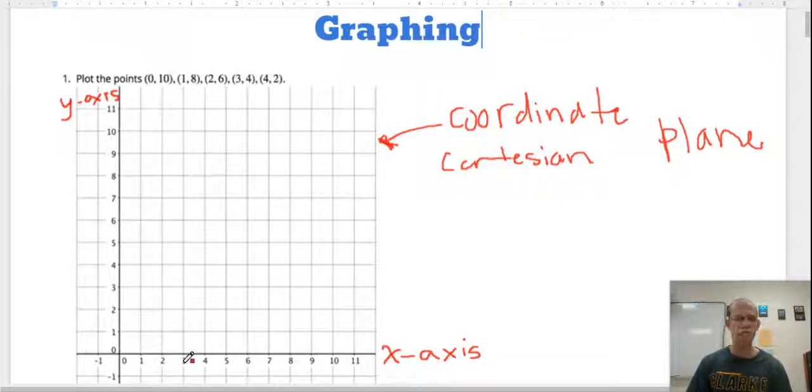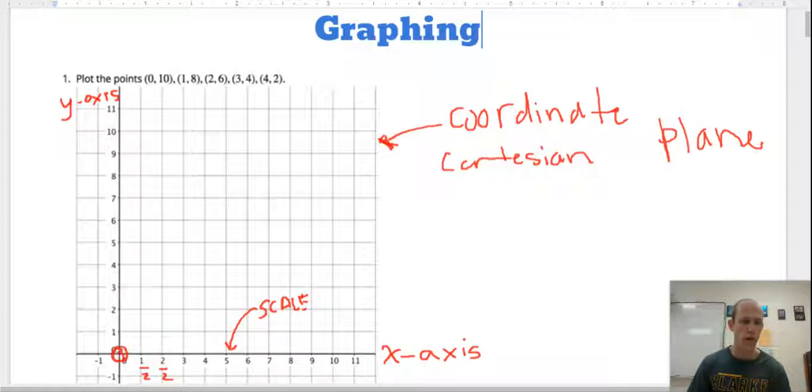We are counting by ones in this case, but we could count by different numbers. If we wanted to, we could count by 1/2 and change what this is called, which is the scale. So the scale, you can count by whatever is convenient for whatever you are plotting. So in this case, we're plotting whole numbers, so whole numbers on the scale is a good thing.